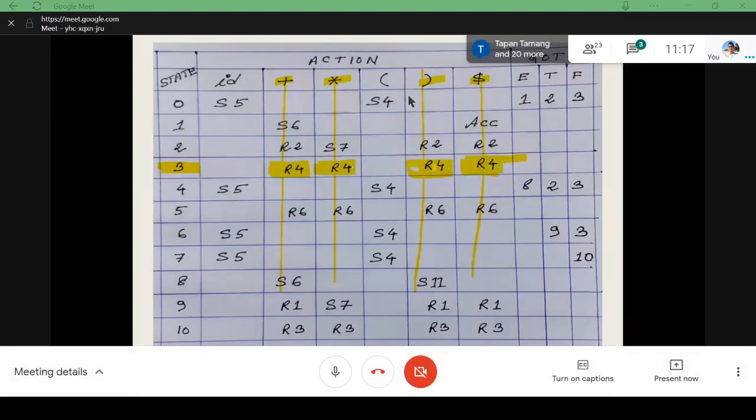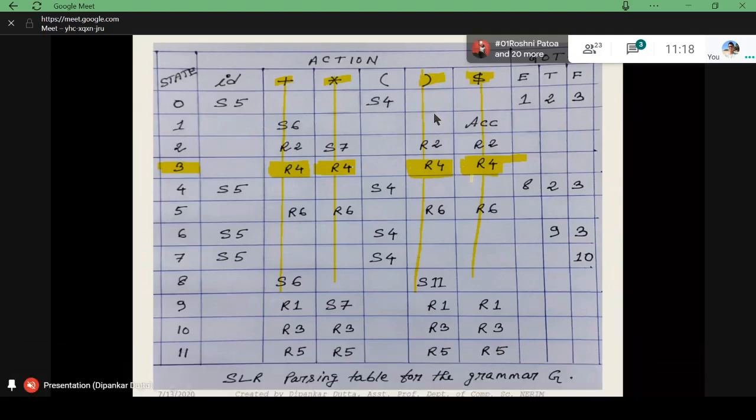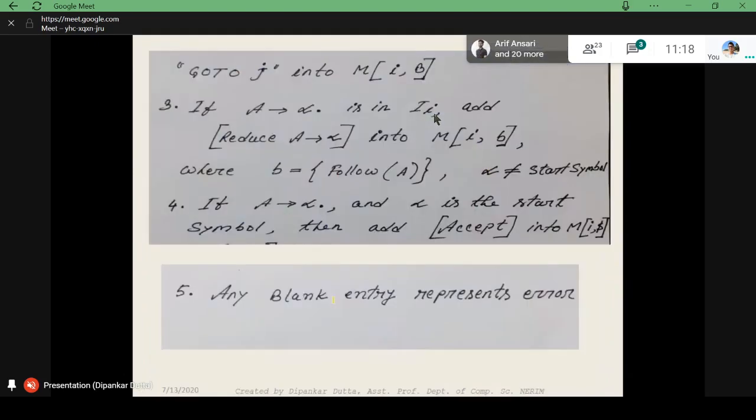So according to the rule, we have found in row number 3, against plus, star, right bracket and dollar, R4. And these symbols plus, star, right bracket, dollar, where do they come from? See again. Our production was F. Okay, I forgot. Let me see again.